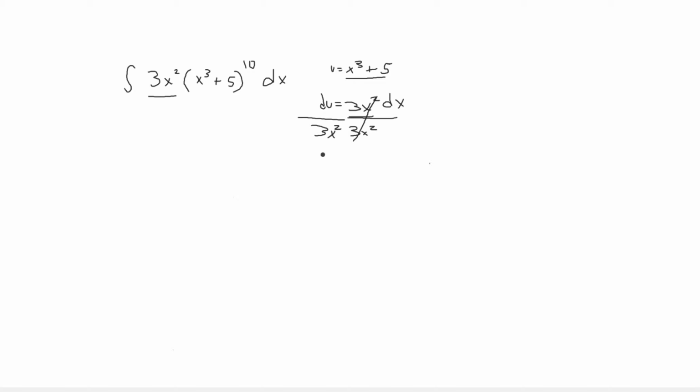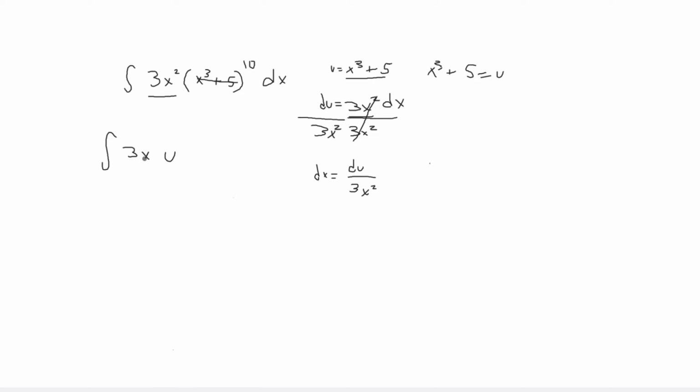These will cancel. So we get dx equals du over 3x squared. And this will work out nicely because now we can replace our terms. So we know that x to the third plus 5 equals u. So we can set this equal to u.